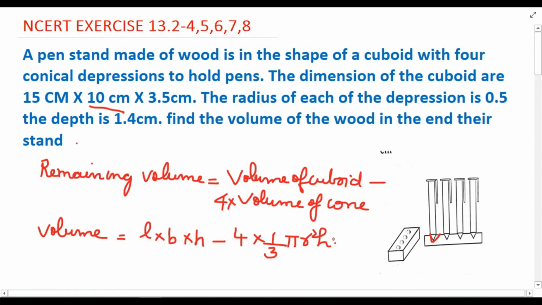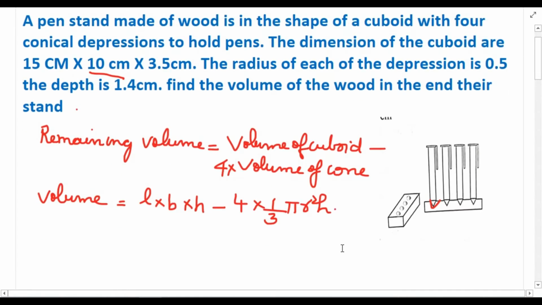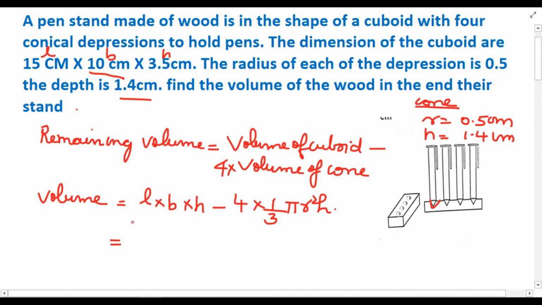Here length, breadth and height are given, and the radius of the cone is 0.5 centimeter and the depth of the cone is 1.4 centimeter. So we need to just substitute.